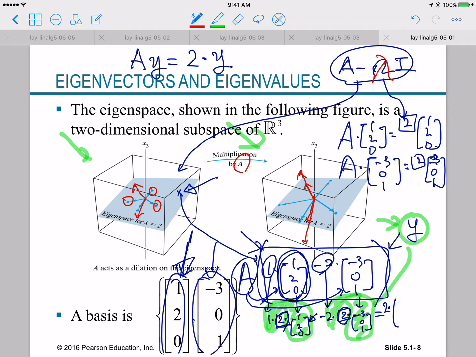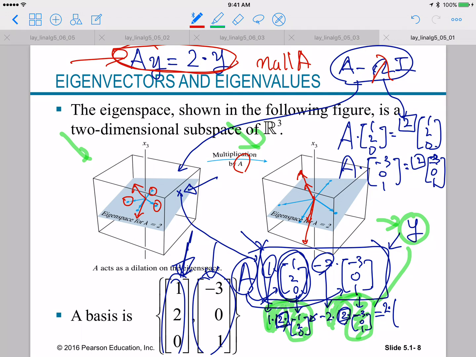So if lambda was 2, A minus lambda I will have its own null space, and any vector in your null space will satisfy this equation, right? So basically, your null space is the set of all the vectors that satisfy this relationship.